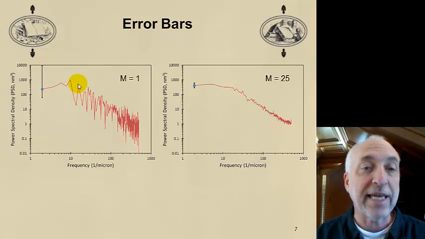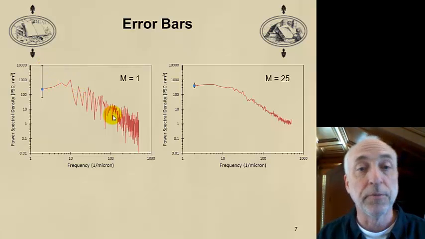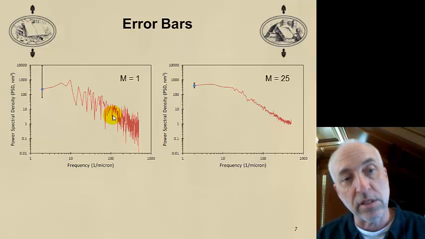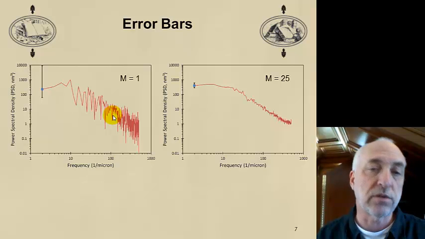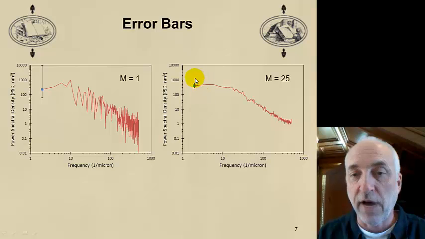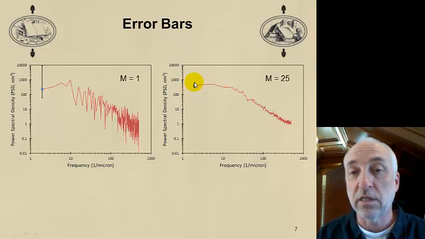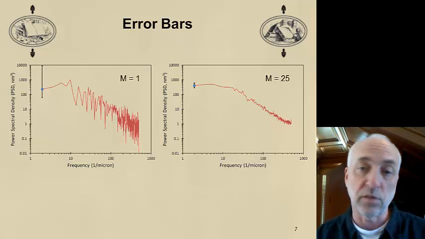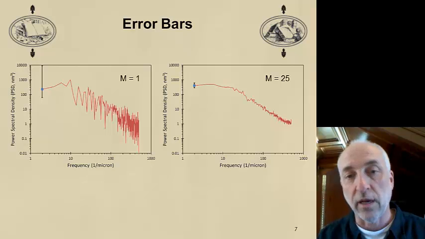And in fact, I can't really draw a conclusion that the PSD has leveled off at the lower frequencies when I see how big these error bars are. Now we can calculate error bars for the case of m equal to 25, and we see that these error bars have shrunk dramatically, and as a result I can look at this and with some confidence say, yes, the PSD is flattening out at low frequencies.